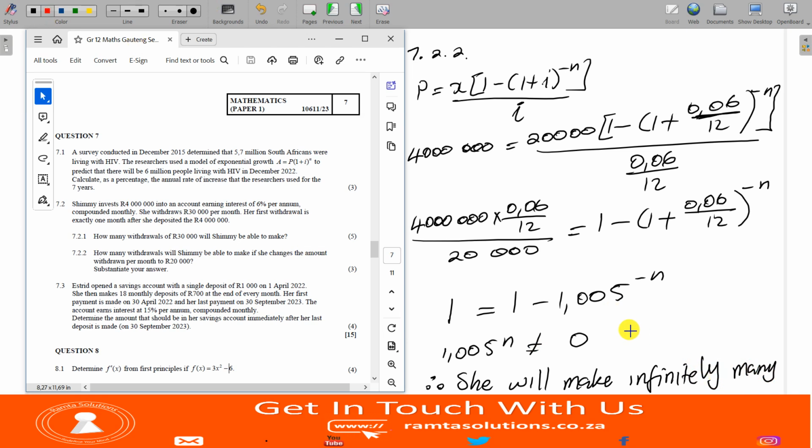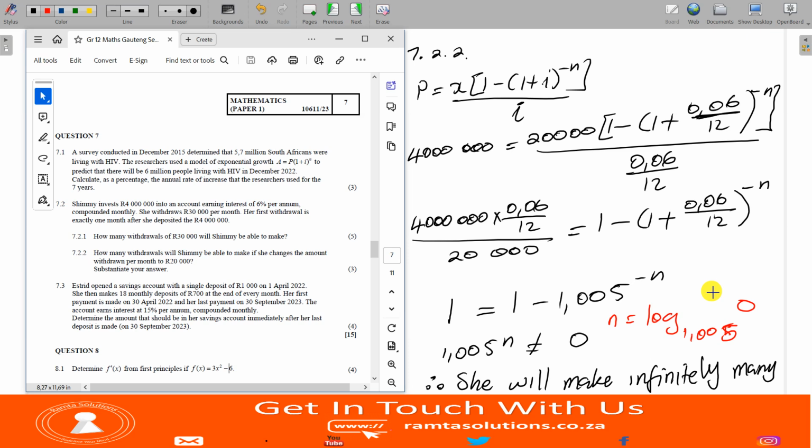If you were to say n equals log 0 base 1.005, your calculator will return an error. That is to say you didn't make a mistake, but our lady will be making payments for the rest of her life. Every month she will be withdrawing 20,000.